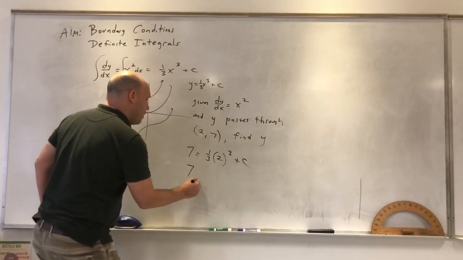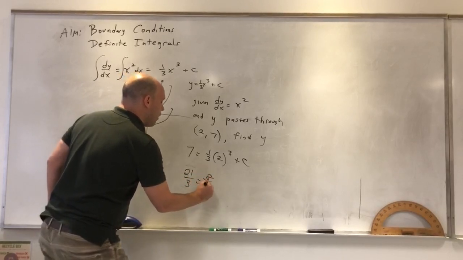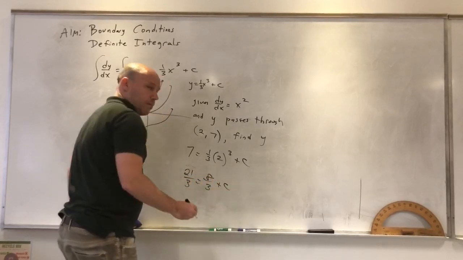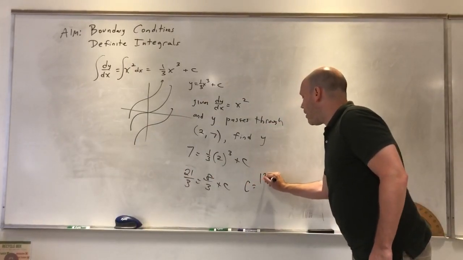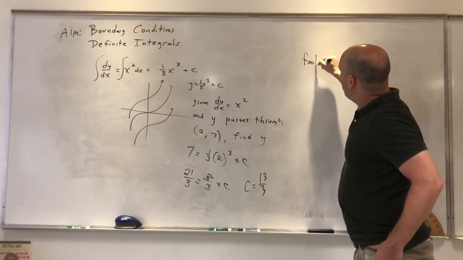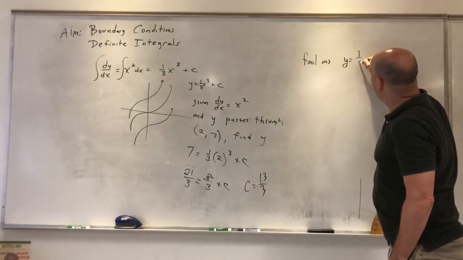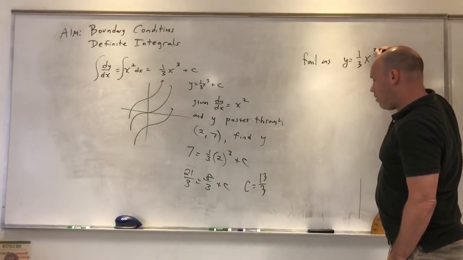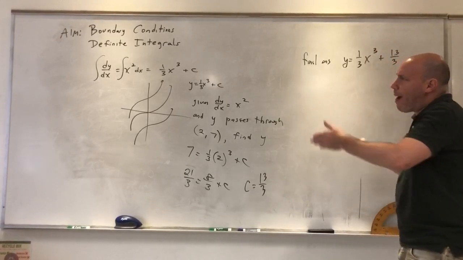So 21 over 3 is equal to 8 over 3 plus c. So c is equal to 13 over 3. Final answer, y is equal to 1/3 x cubed plus 13 over 3. That's the idea of a boundary condition.